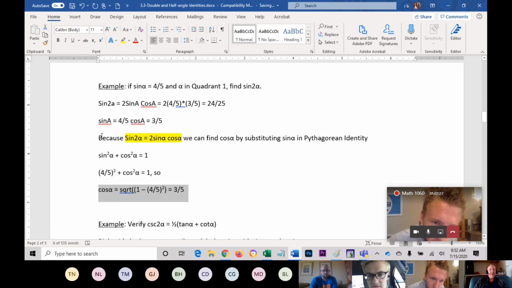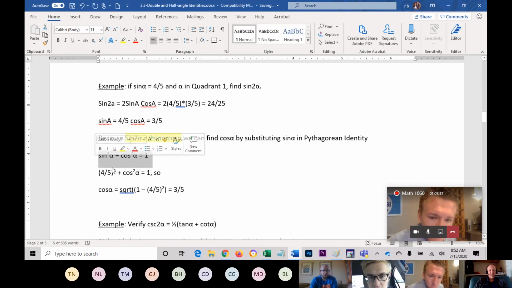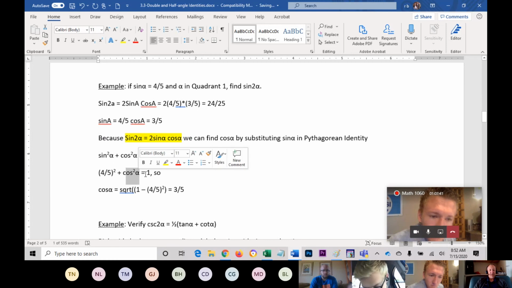We could have also found the cosine of alpha using the Pythagorean identity, and then we'd get 4/5 squared plus cosine squared of alpha equals 1. Cosine of alpha equals the square root of that. I like the way we did it better, with drawing the picture and finding the 3/5 ourselves, but there's another way to find it.